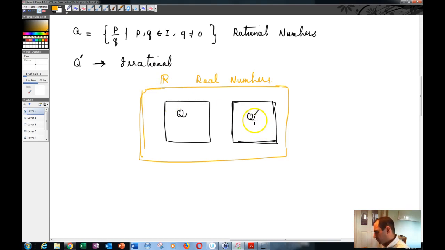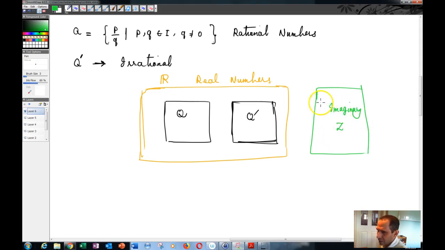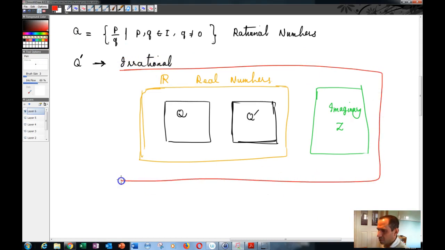And then, if you want to make it more complicated, we also have the set of imaginary numbers, which I think is denoted by Z. And if you put these two together, I think you get the set of complex numbers.